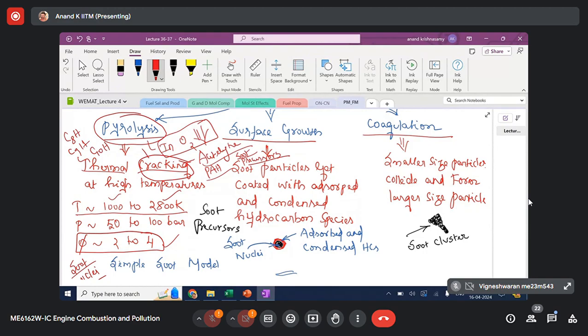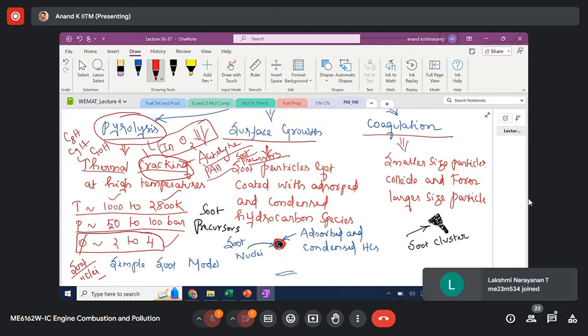So at high temperature, you will have a high rate of pyrolysis reaction. Pressure is also over a wide range, 50 to 100 bar. These conditions are very well reached in IC engine combustion, diesel combustion. Also you have local rich regions. You will very well have this 2 to 4 equivalence ratio region. So this combination of pressure, temperature, and equivalence ratio is leading to forming soot.